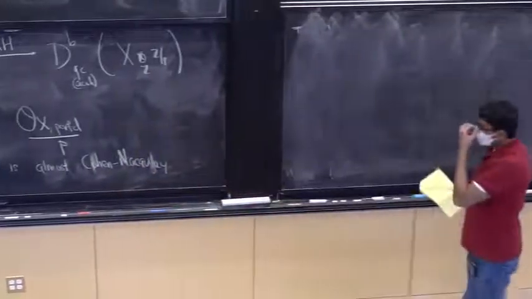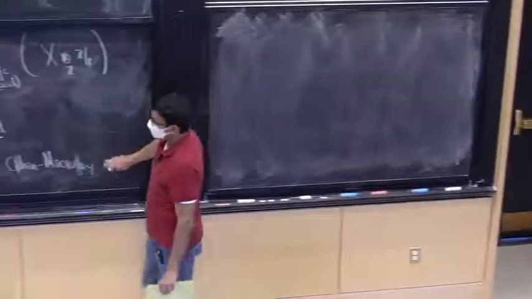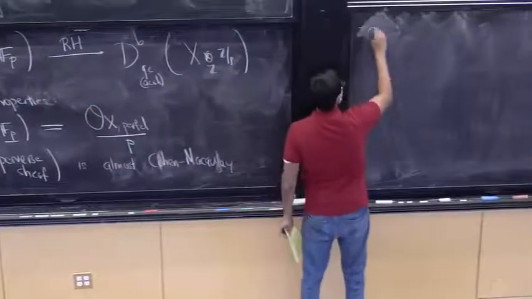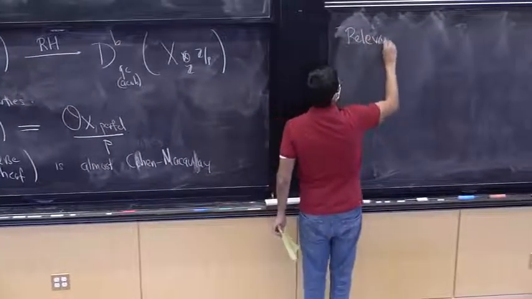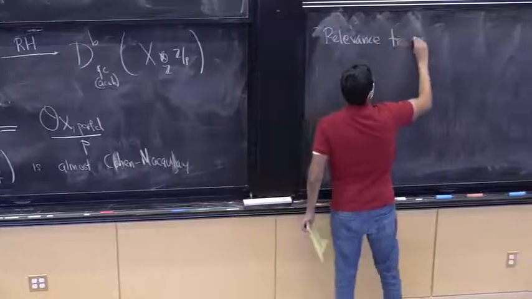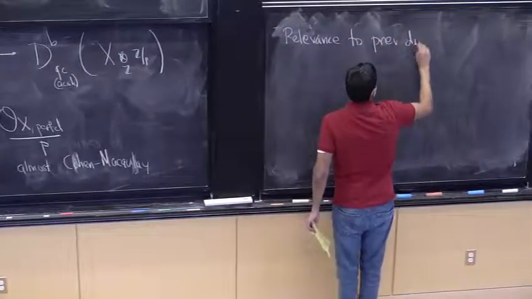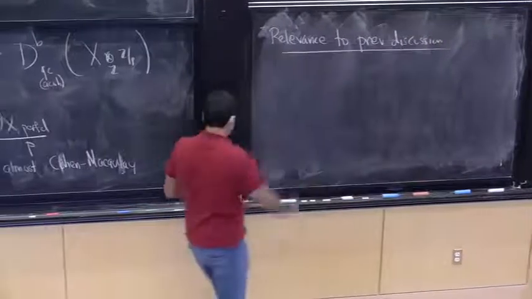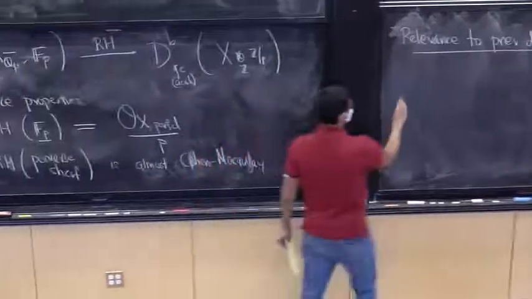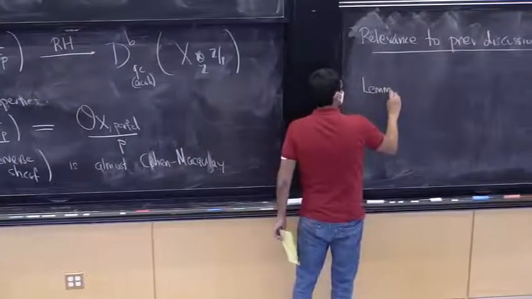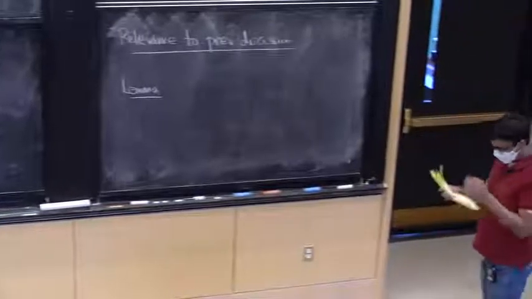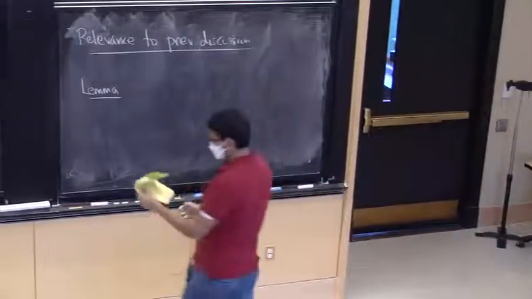And so the relevance of this for the previous discussion can be summarized in just the following way. Here's a very easy lemma, which we didn't see anywhere, but it's kind of obvious once you formulate it.